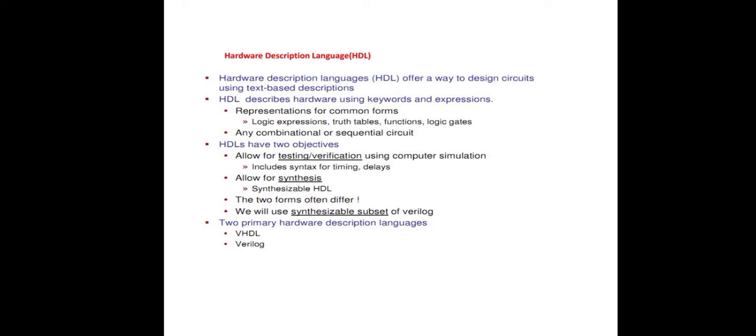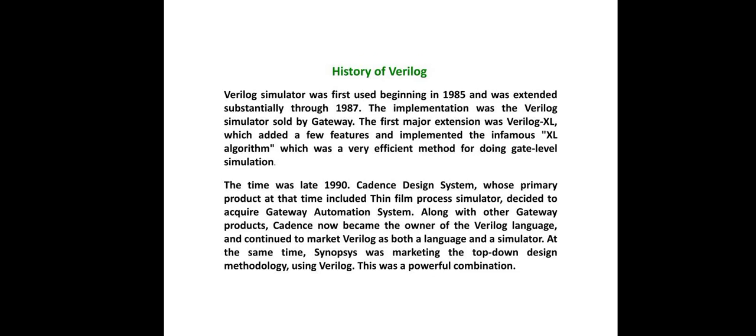VHDL is the Very High Speed Integrated Circuit Hardware Description Language, and then Verilog. Now, first, this is the history of the Verilog language. Verilog is a simulator. The first design began in 1985, and in 1987 came the implementation of the Verilog system, that is the simulator.